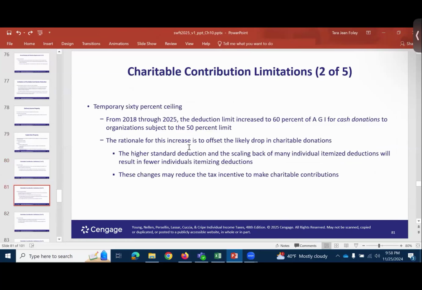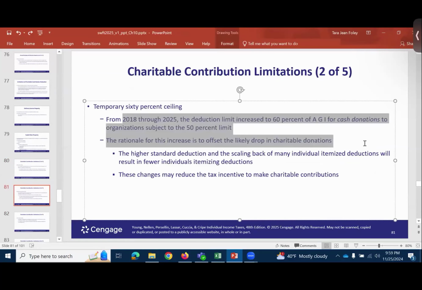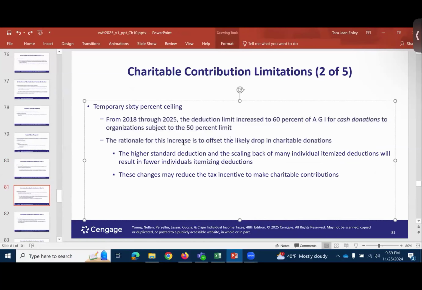The temporary 60% is because of what was going on with COVID, they felt that there was going to be a drop in charitable donations because of what was going on. So that's why they put the 50% to the 60%.